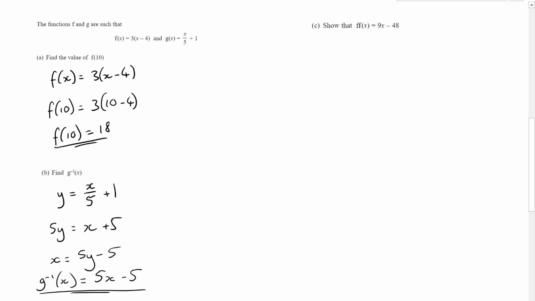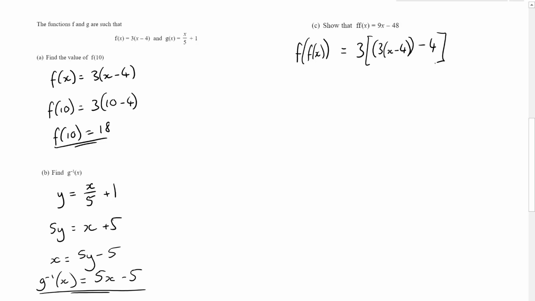Now they want us to show that f of f of x is equal to 9x minus 48. So this is a composite function again. So f of x is the input of the function of f. So wherever we see an x in this function f of x, we're going to have to put the whole function f of x. So this is going to become 3 times x minus 4, and that whole thing is then minus 4.